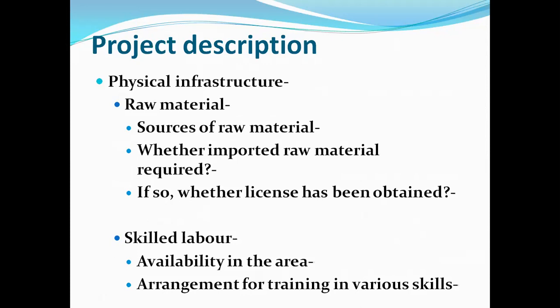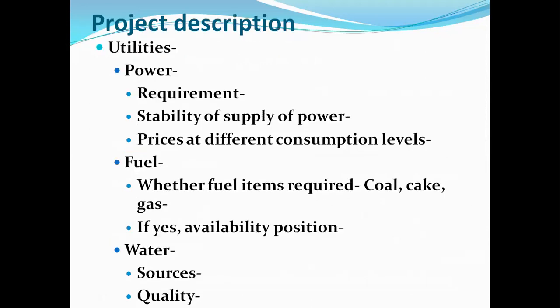Then regarding labor availability, if it needs some skilled labor, then whether they are available or not. And if not, then an alternate arrangement through training. So what will be its arrangement? Then utilities, you can see the infrastructural facilities.